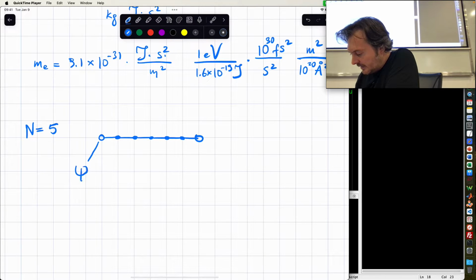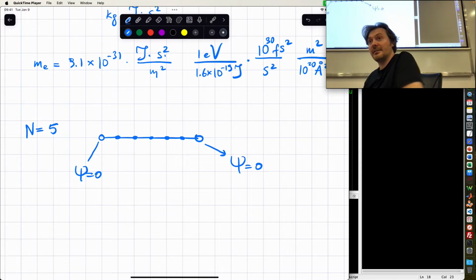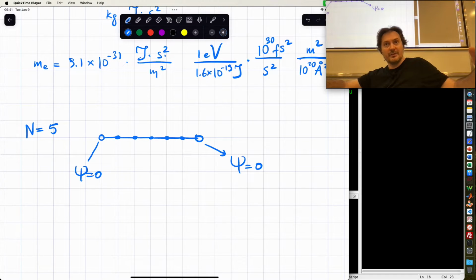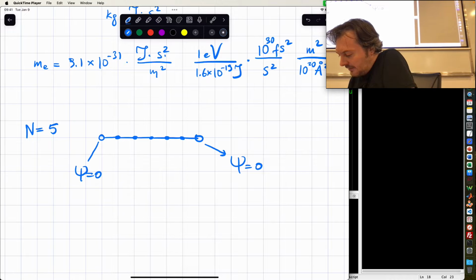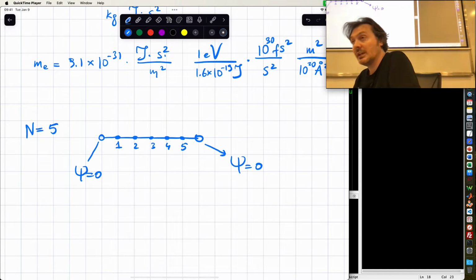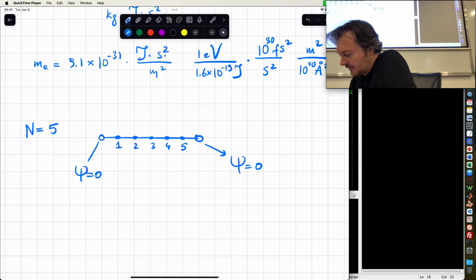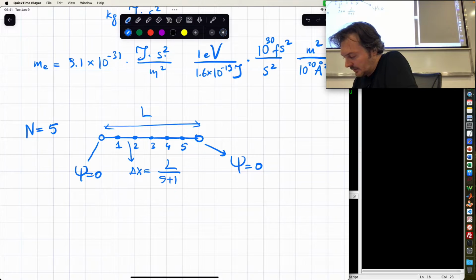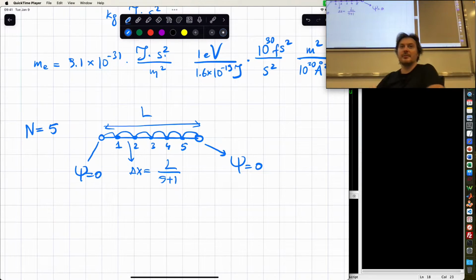So I'm putting phi equals 0 here, phi equals 0 here, and it's not even entering my calculations. Then I have the points 1, 2, 3, 4, 5. And as you can see, the total length is L. What is delta x? Delta x is L over 5 plus 1, because there are 1, 2, 3, 4, 5, 6 steps.